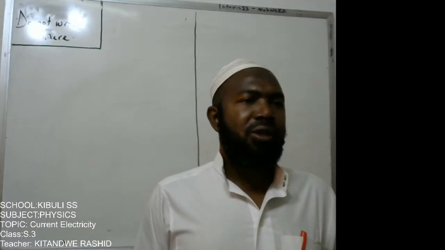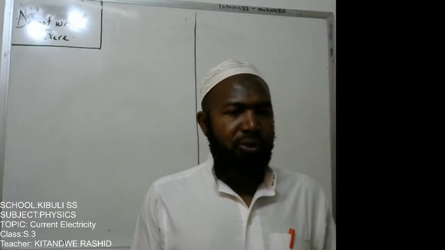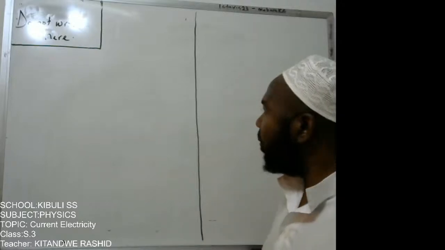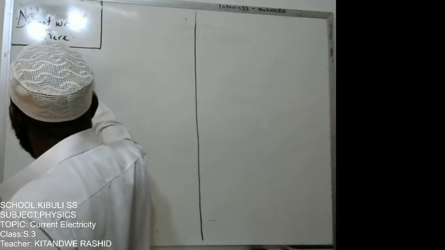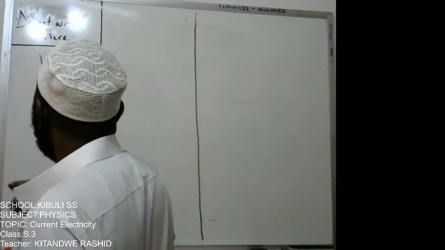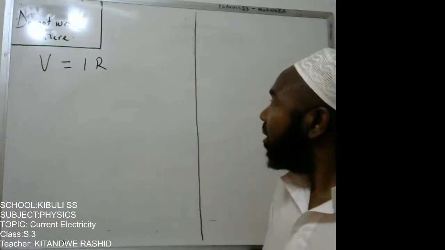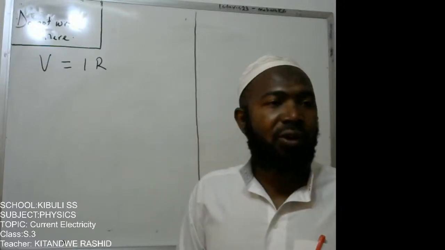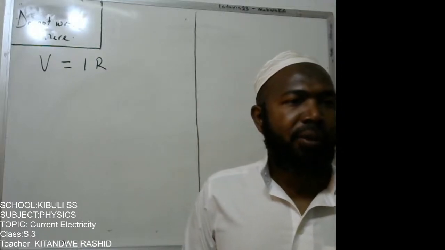We said once those physical conditions change, then Ohm's law will not be valid. And the statement of Ohm's law is summarized in this equation: V is equal to IR, where V is the potential difference, R is the resistance of the conductor, and I is the current flowing.